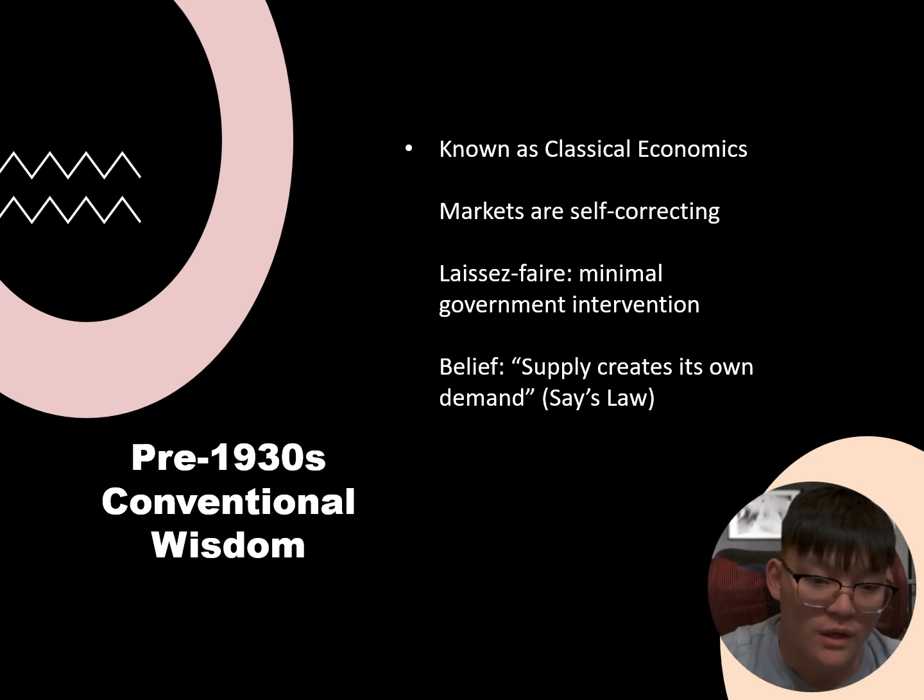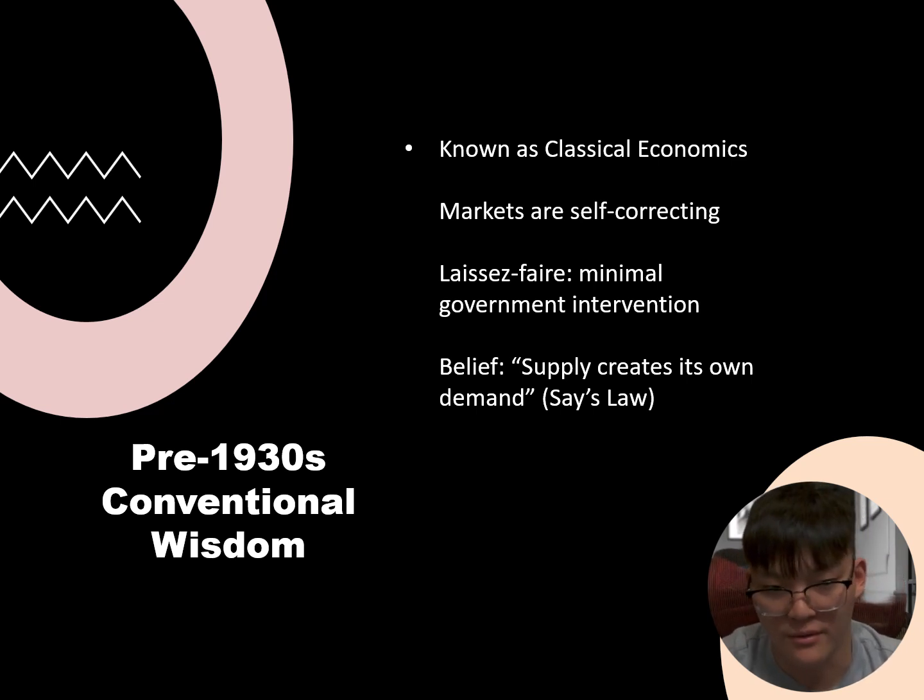So now we're going to look at pre-1930s conventional economics, otherwise known as classical economics. Classical economists believed that the economy naturally regulates itself through the forces of supply and demand.